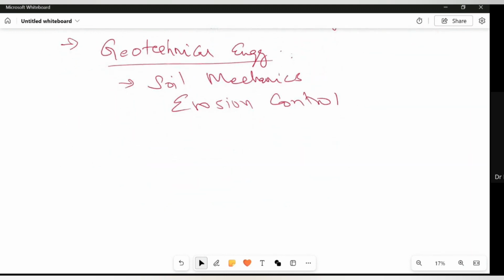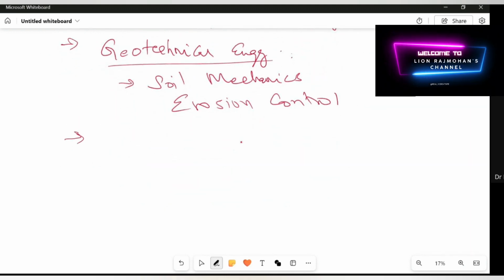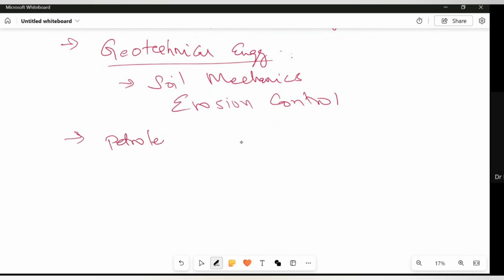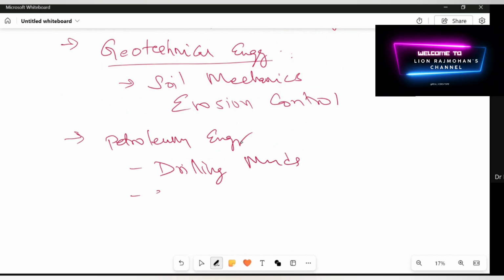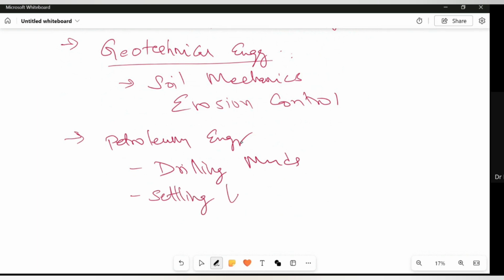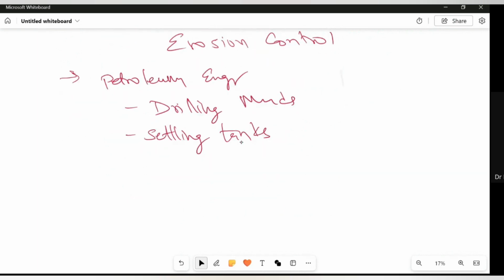And if you look at petrochemical engineering and petroleum industries, particularly we discuss drilling muds. Drilling muds are like lubricants added when you are doing exploration drilling. So the settling of particles in the drilling mud, and the design of settling tanks for the separation of oil and solids in the production units, this Stokes law finds applications.